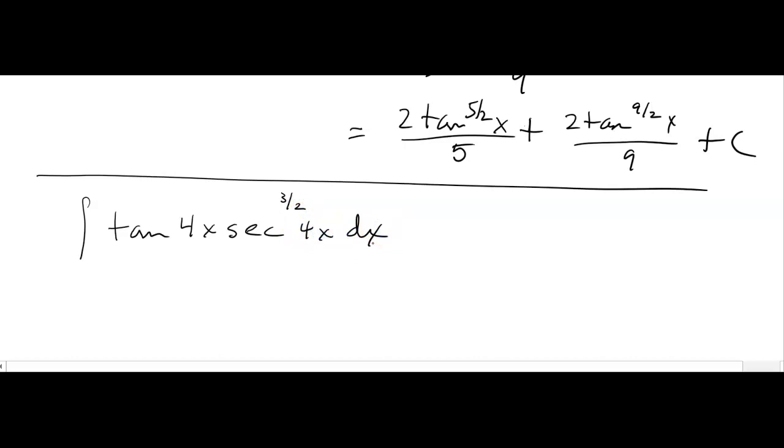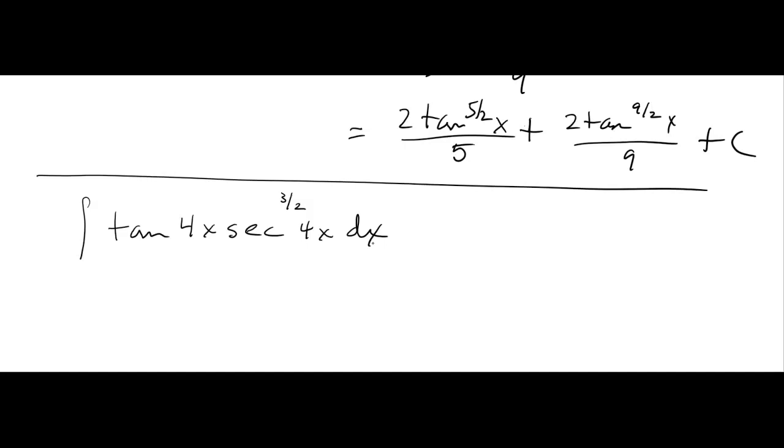Here's the problem. I don't have anything squared or to the 4th power that I can break up. I really can't get a secant squared out of secant to 3/2. So you need to forget the idea of putting everything in terms of tan and getting a secant squared. But maybe I can entertain the idea of putting things in terms of secant and then using tan secant as my du.